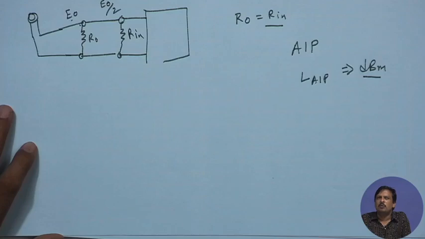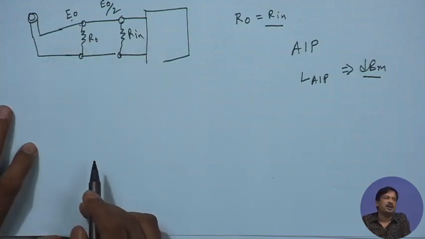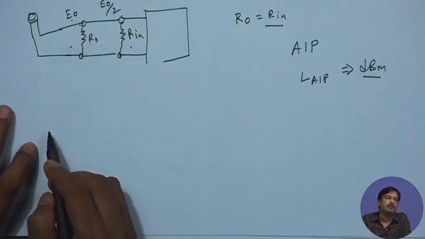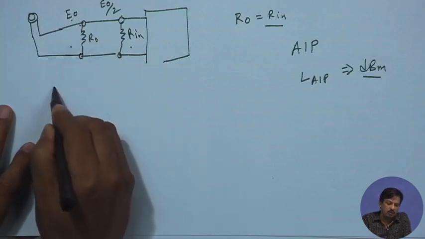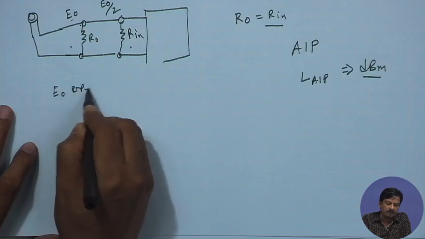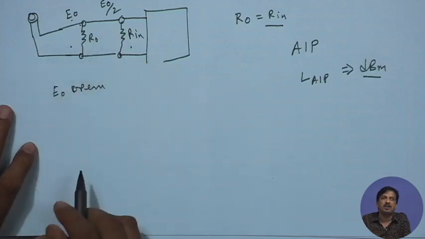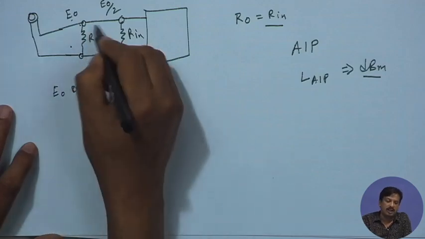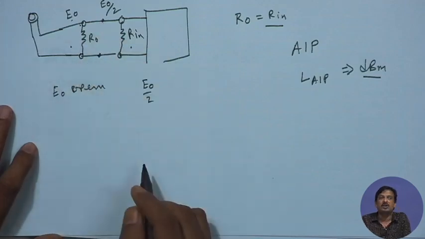So, when R0 is equal to Rin, how much power will be delivered by the microphone to the preamplifier? E0 is the open circuit voltage. So, once R0 is equal to Rin, then E0 will be dropped by half. Voltage across these two terminals is E0 by 2.